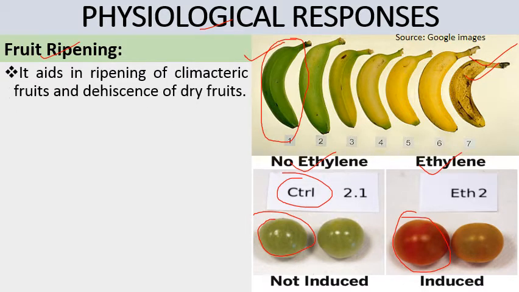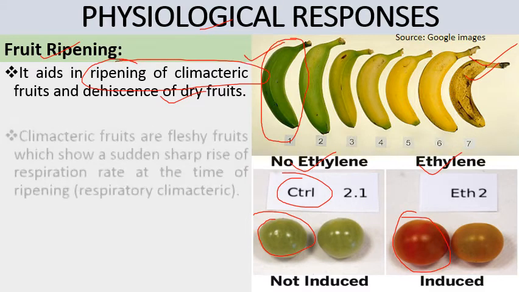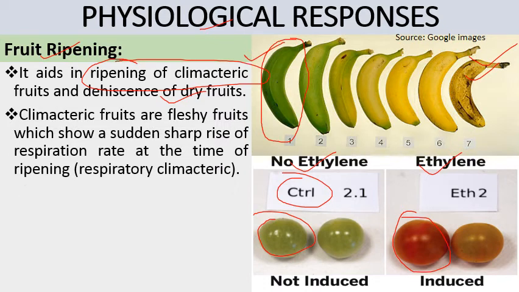So it aids in ripening of climacteric fruits and dehiscence of dry fruits. Climacteric fruits are those fleshy fruits which show a sudden sharp rise in the rate of respiration at the time of ripening, so these fruits are known as climacteric fruits. These are fruits in which the rate of respiration increases greatly, and they can be ripened even after plucking from the parent plant.